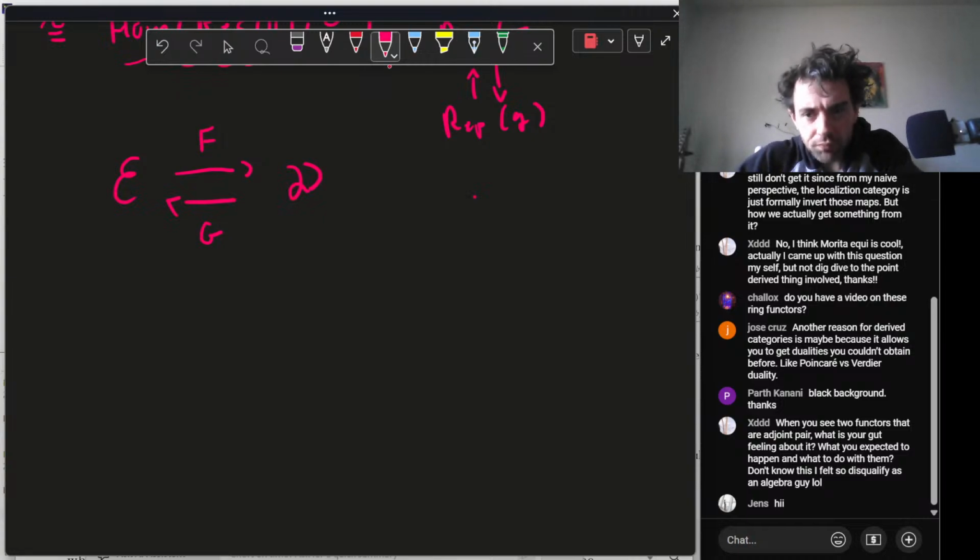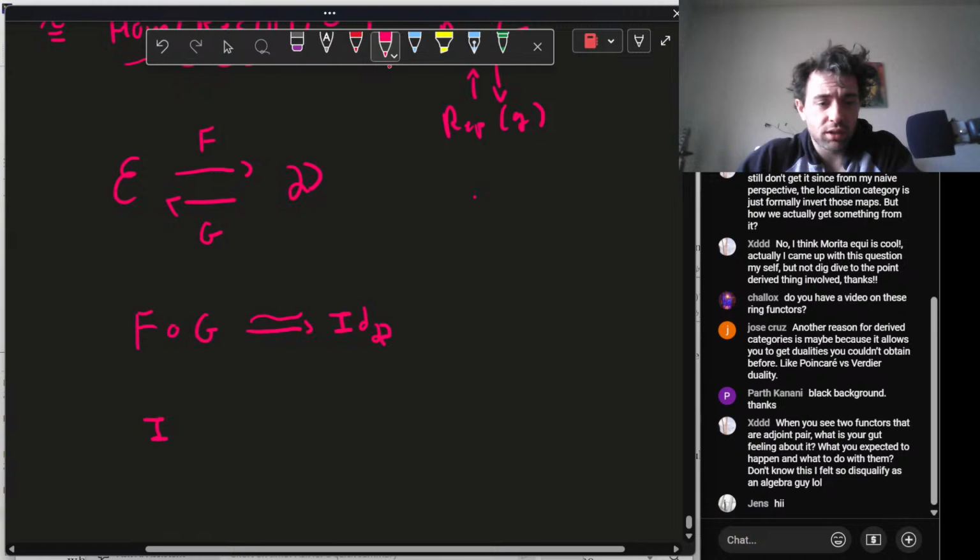Well, first, let's just recall that if F and G form an equivalence of categories, that means that there's a natural isomorphism from F composed with G to the identity on D, and I'm going to write the other one in the opposite direction. You'll see why in a second.